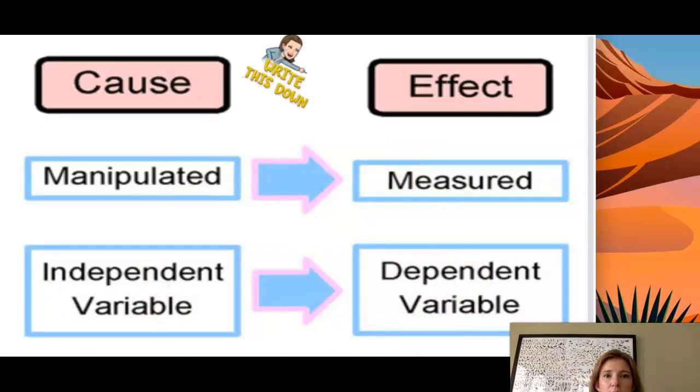Let's add a couple more here. The independent variable is the cause and the dependent variable is the effect. The independent variable is what I change in an experiment. And the dependent is the data that's collected.